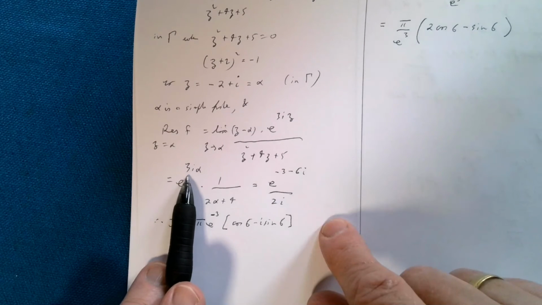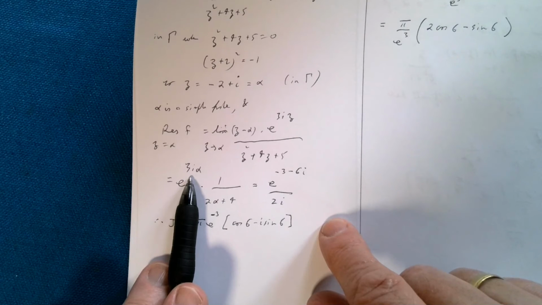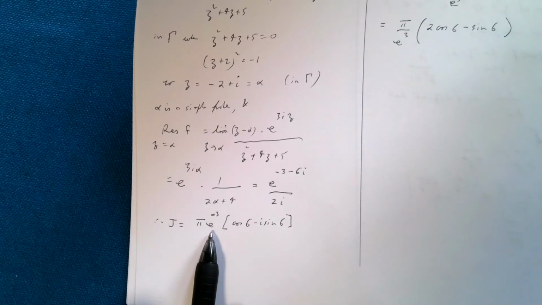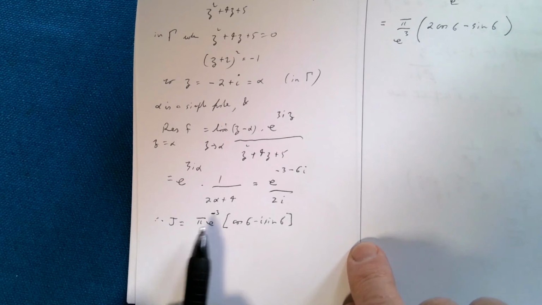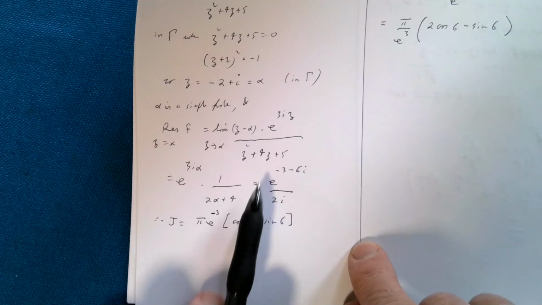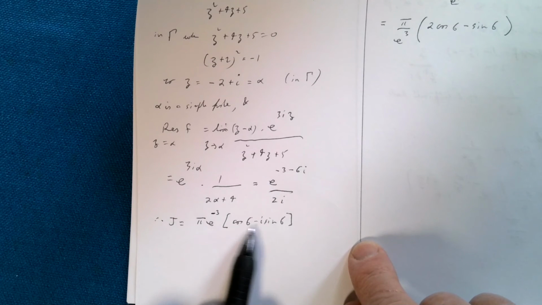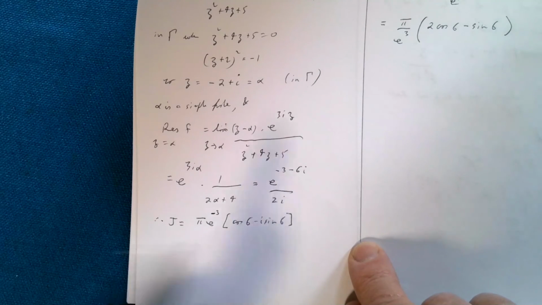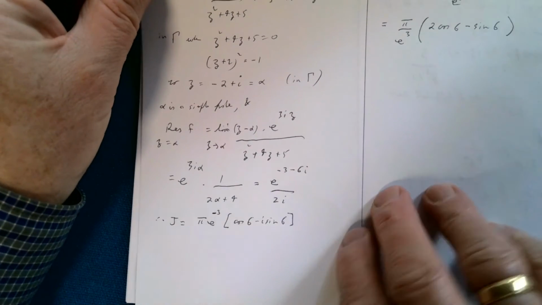So that's minus 6i. And 3i times that's minus 3, yep. So we have this expression here, pi e to the minus 3, and I get e to the minus 6i, which is cos 6 minus i sine 6. So there's the value of J, the complex contour integral. We'll come back to that in a moment.